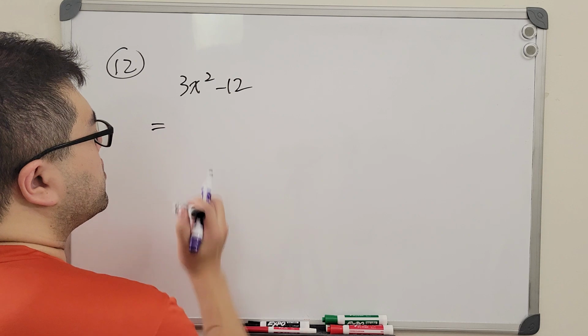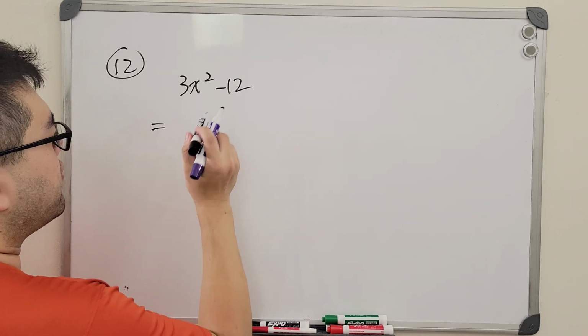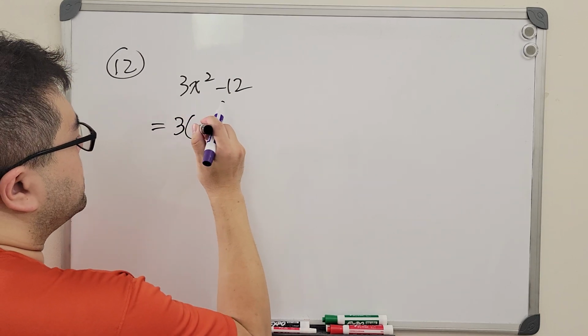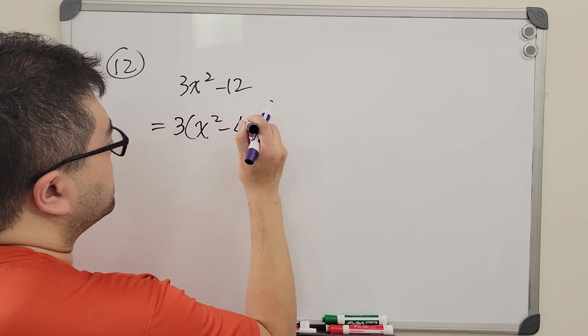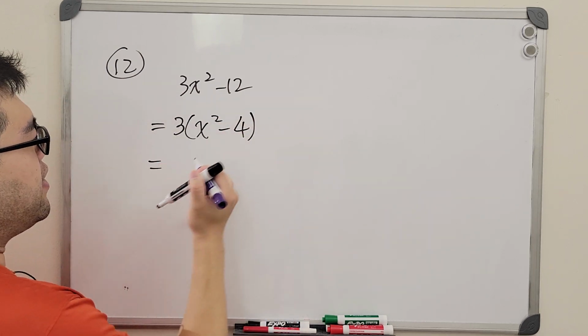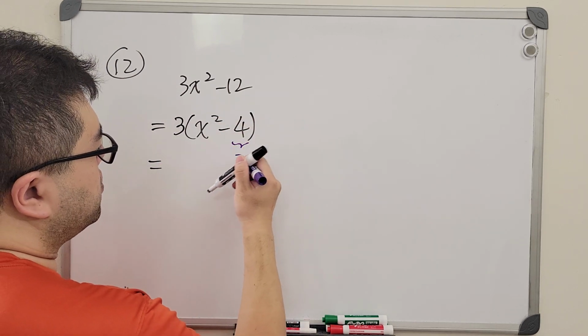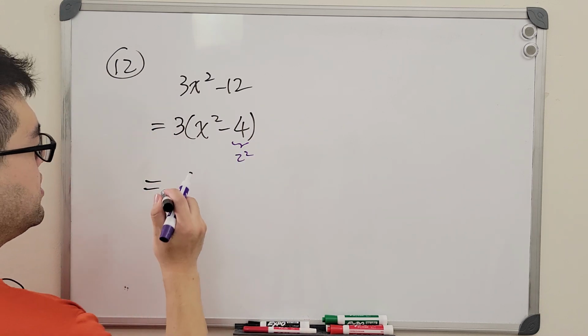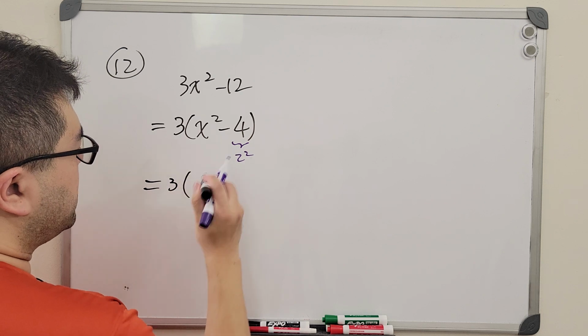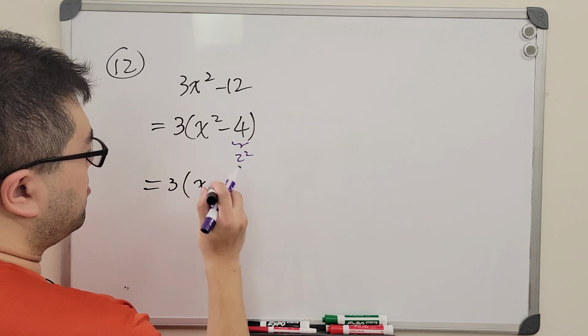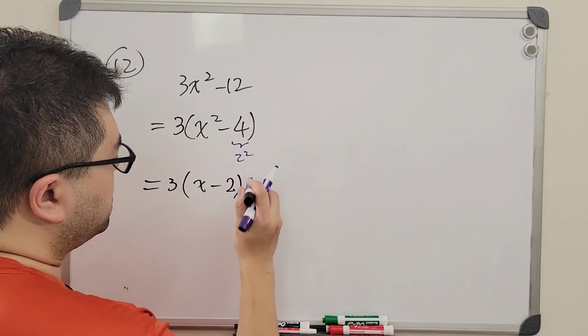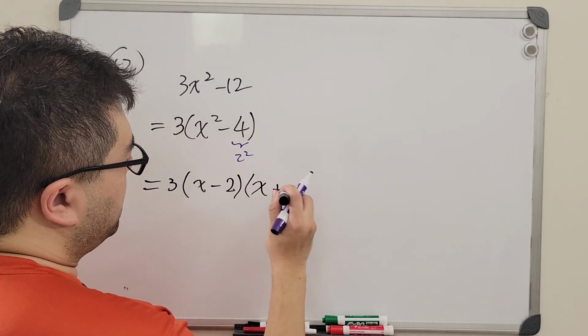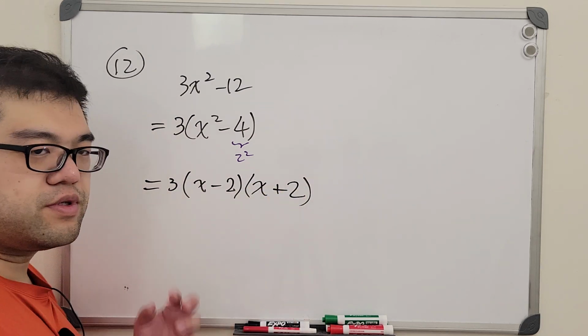So in fact, we can try to factor the 3 on both terms to give us x squared minus 4 remaining. And 4 is just 2 squared. So we can factor it out as 3 times a, which is x, minus b, which is 2, times a plus b, which is x plus 2. That's it.